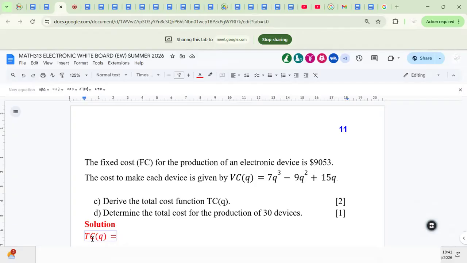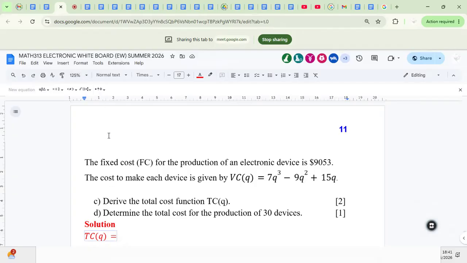That is what is meant by f of Q or f of x. f of x is equal to whatever comes after the equal sign, which has to have the letter x in it. So total cost of Q, whatever I write after the equal sign must have the letter Q in it.